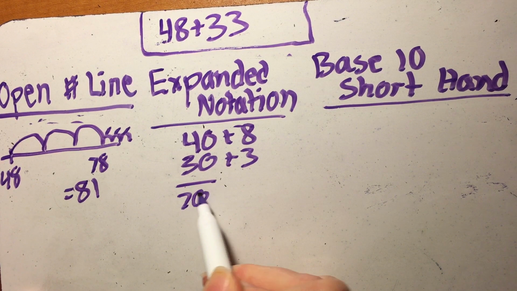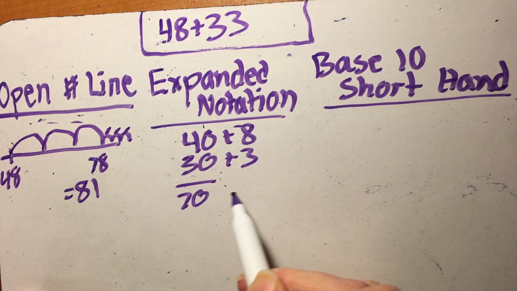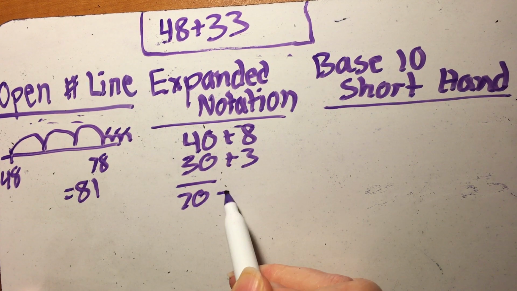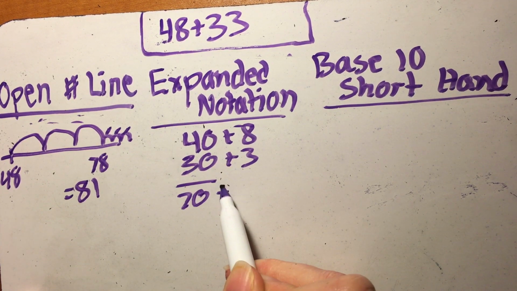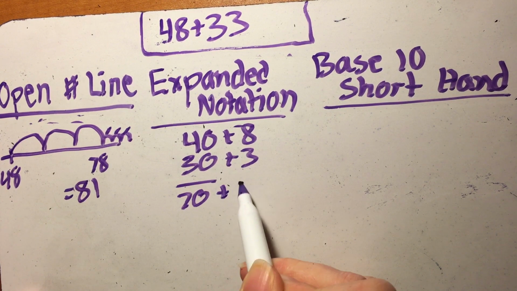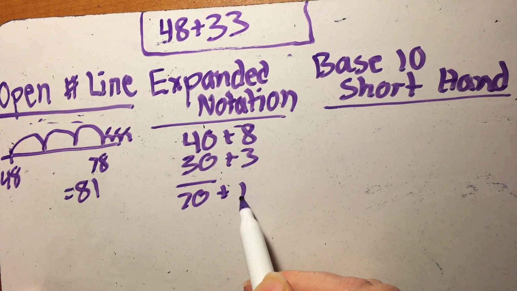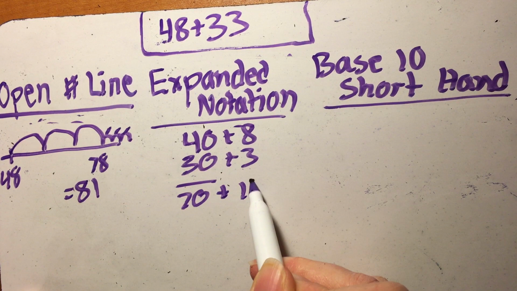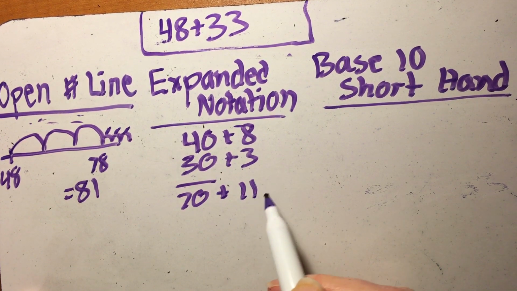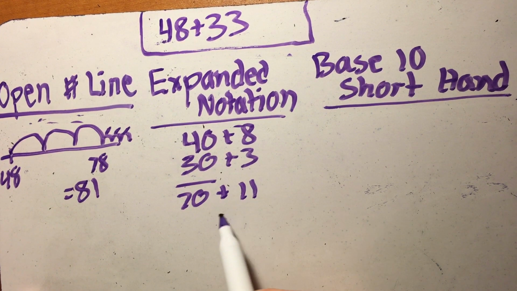And then 8 plus 3, they know this very quickly too because of our 10 frame work. So they know 8 plus 2 is 10, so therefore 8 plus 3 is going to be 11. We've done lots of practice with adding numbers that end in a 0 with another number, so they can do this very quickly too and get to 81.